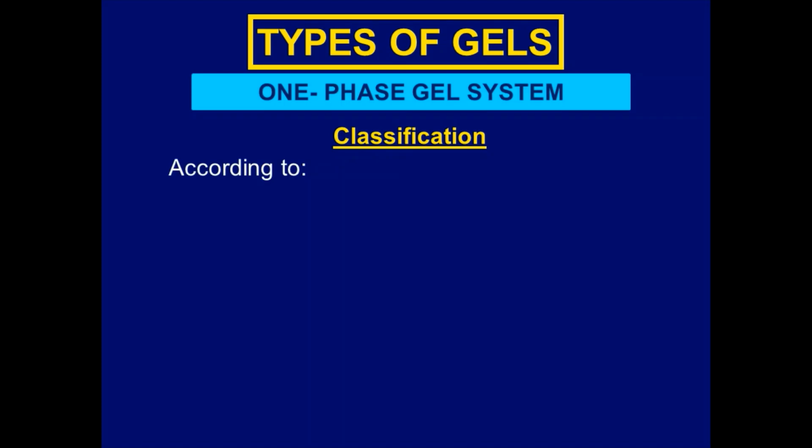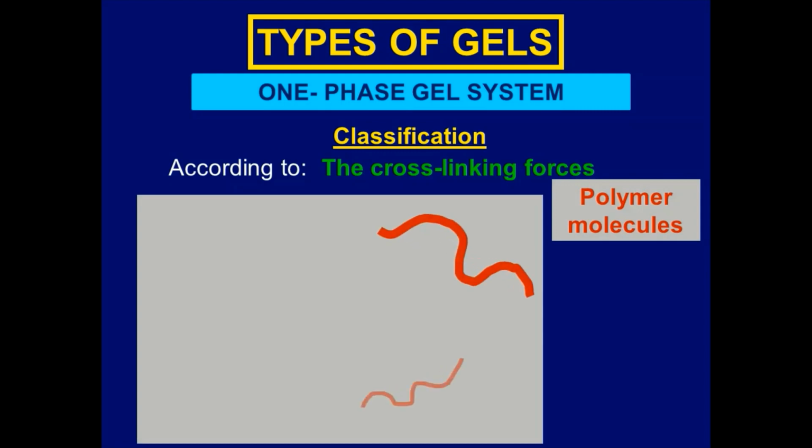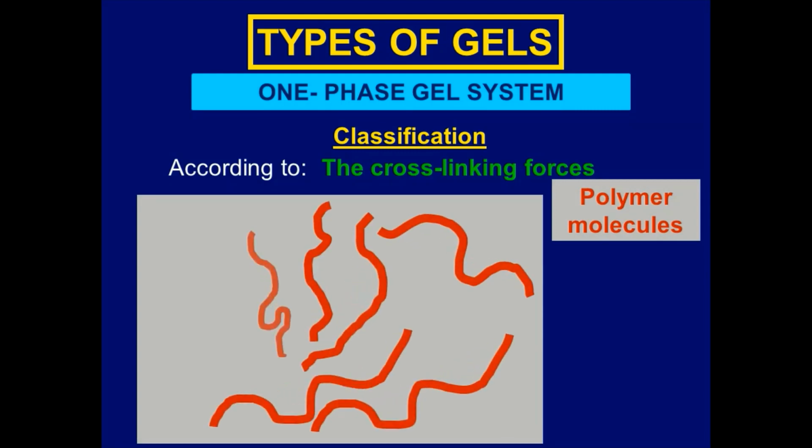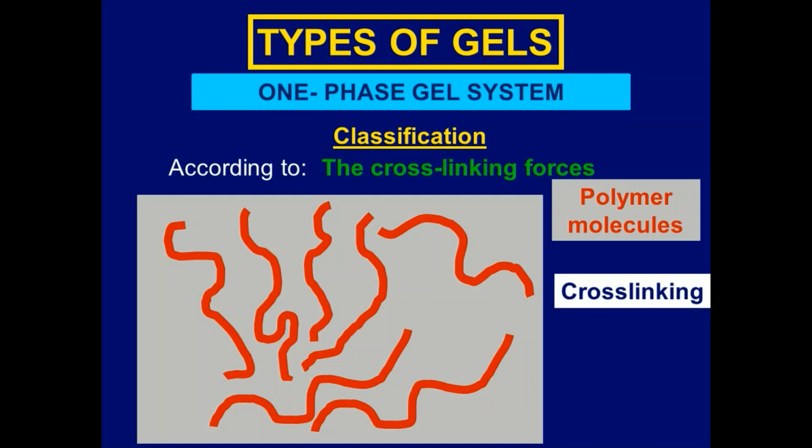One-phase gel system can also be classified according to the cross-linking forces between polymer molecules, and here they are classified into two types. These are the polymer molecules. When they are dissolved in the dispersing liquid, they undergo cross-linking.